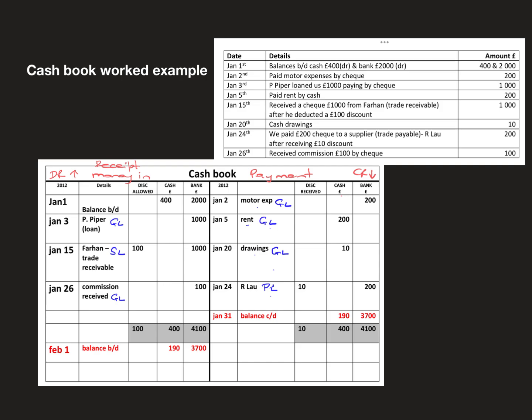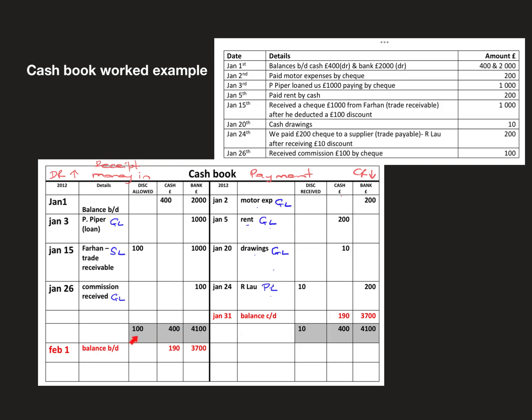The next step would be to balance off the ledger accounts. These are balanced off in the very same way. So the cash book is balanced off very similarly to the ledger accounts. Let us start off with the discounts column. The discounts column is just a total. So you just total the discount allowed and keep a total for your discount received.